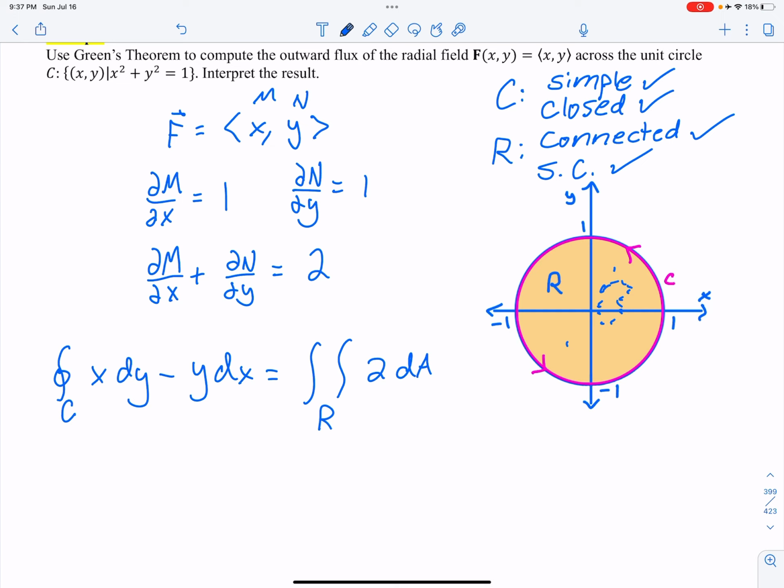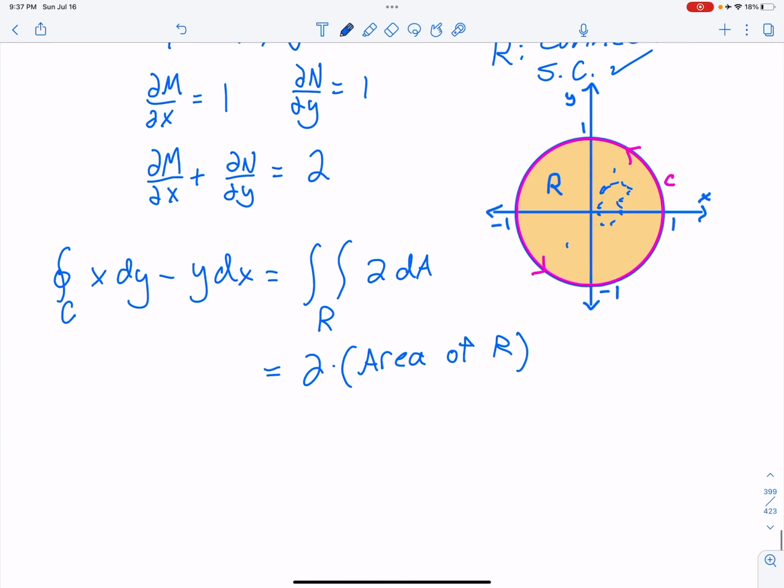If we just understand what an integral means, this means 2 times the area of R. Well, R is a circle, so it's 2 times the area of R. That's all that integral means. We have to be careful if there are variables there, because we'd have to run that differently, but it's a constant, so we can pull the constant out, and then it's just the area of R. So this is 2, and then pi r squared, where r is 1, we get a pi.